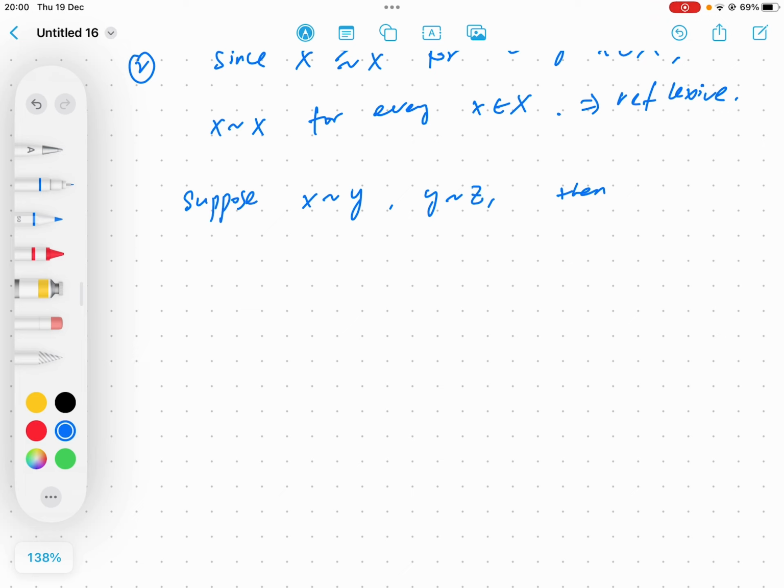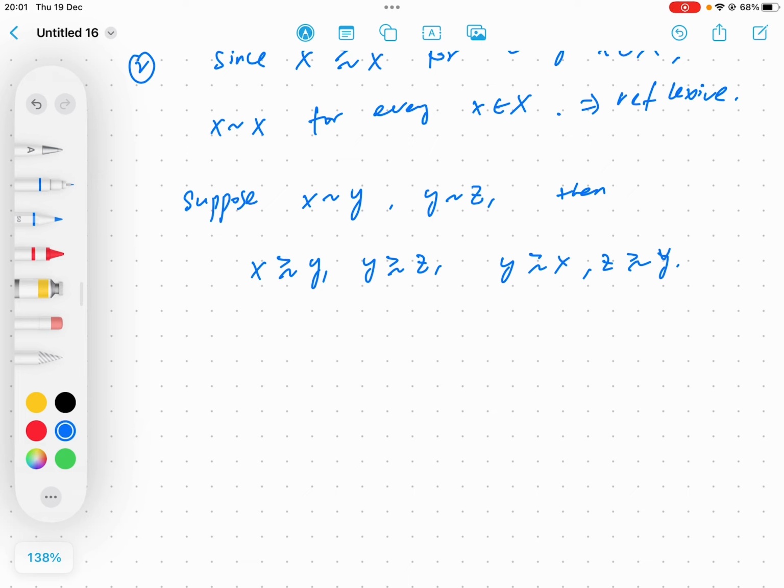Then we know that because the indifference implies the weak preference both ways, it means that x is weakly preferred to y, y weakly preferred to z, and y weakly preferred to x, z weakly preferred to y.